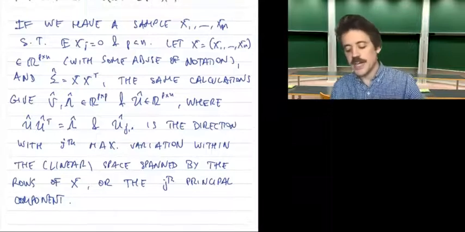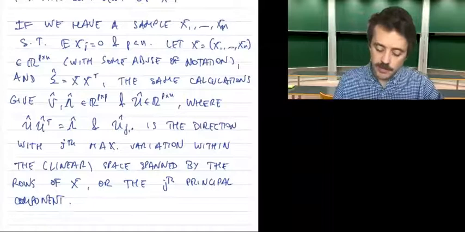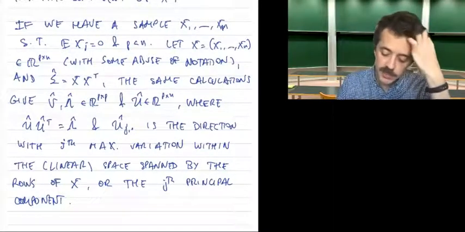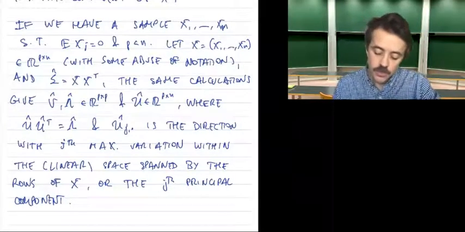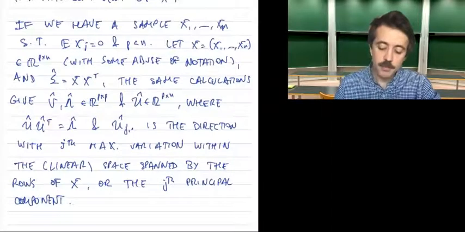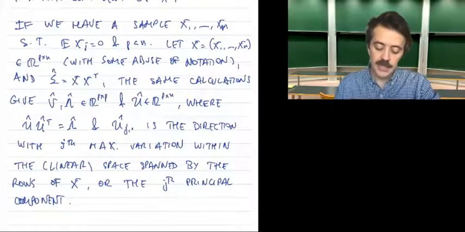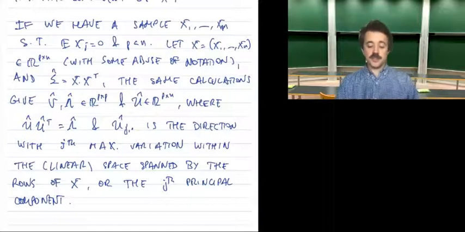Let me recap a bit, and then we'll end with one more line. We have this sample of x's that are centered, just for convenience, and a sample covariance matrix given by this capital sigma hat. It is given by this product of matrices simply because the x's are centered.